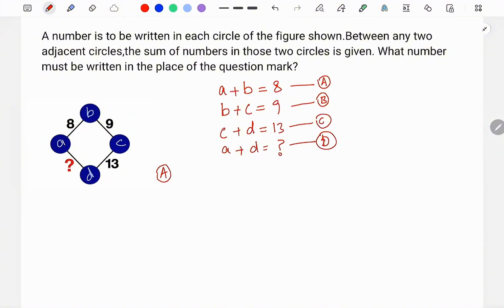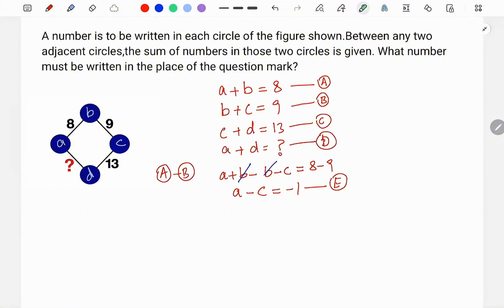So we write equation A minus equation B. Equation A is a plus b, minus equation B is b plus c. This minus will change the sign of c and it will become minus c, equal to 8 minus 9. Now you can see b will be cancelled out and we will be left with a minus c is equal to minus 1. And we can label it as equation E.